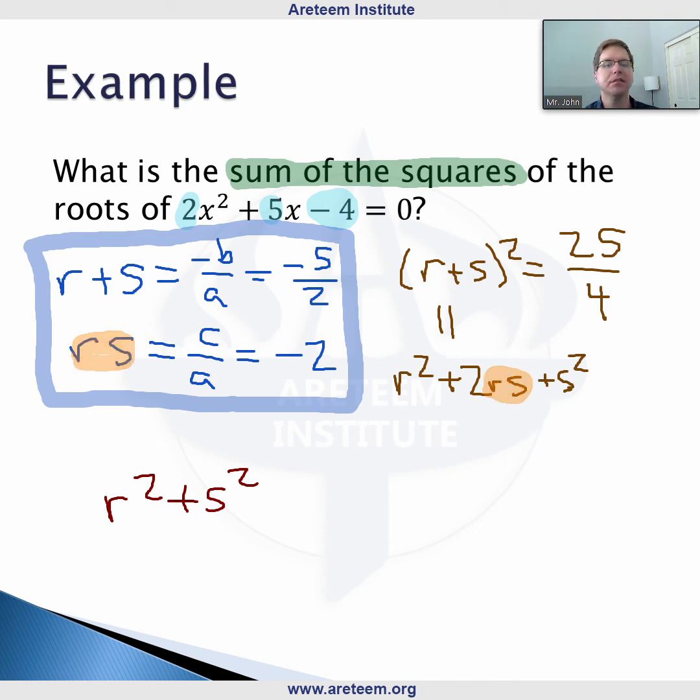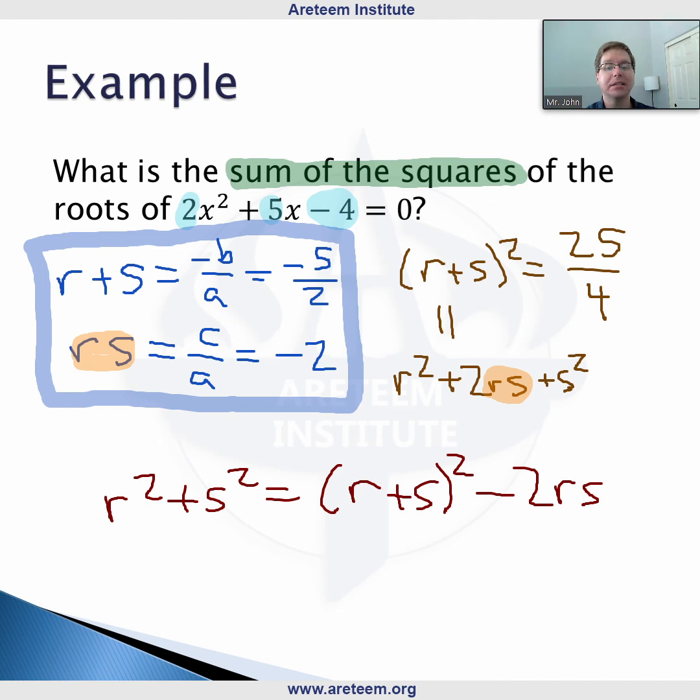And so this is a very, very common relationship for these Vieta's theorem problems. We can actually write r squared plus s squared. Well, it's not quite equal to the quantity r plus s squared because we have this extra 2rs, so we need to subtract that off in this case.